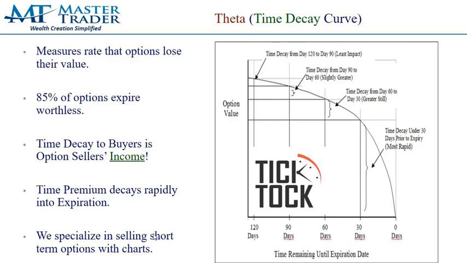And that's why we specialize in selling these short-term options with the charts. Sometimes we go up to 45, but we prefer short-term, 1 to 2 to 3 weeks. So if we can make our money and not be exposed to the market for a long period of time, then we're getting paid more for the short risk that we're taking.